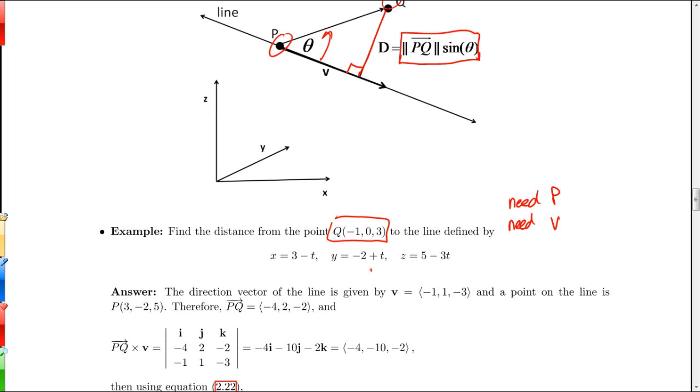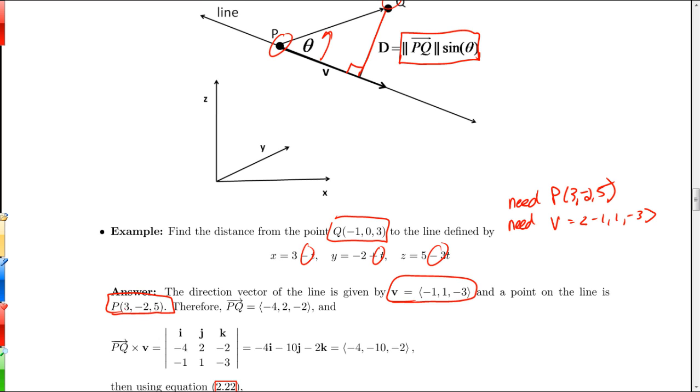If I set T equal to 0, then I'll get 3, negative 2, 5. And then my direction vector is just the coefficients of t. So it's negative 1, positive 1, negative 3. And actually I have them right down here. There's V, there's P.